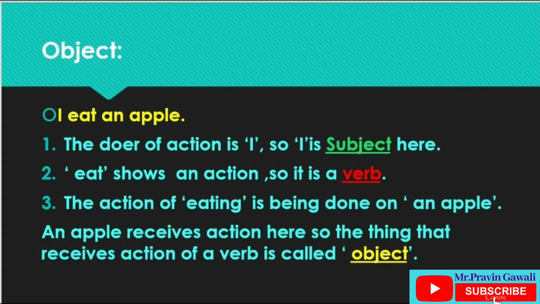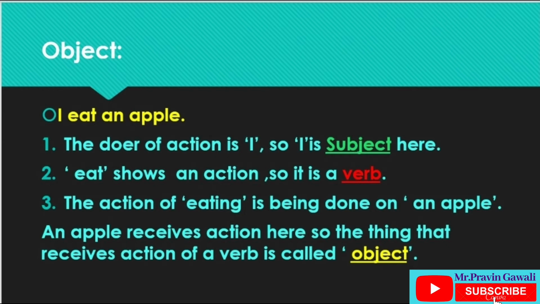The action of eating is being done on an apple. It means an apple is receiving the action of eating. So here the thing which receives the action of verb is called object. The thing which receives the action of verb directly is called object.